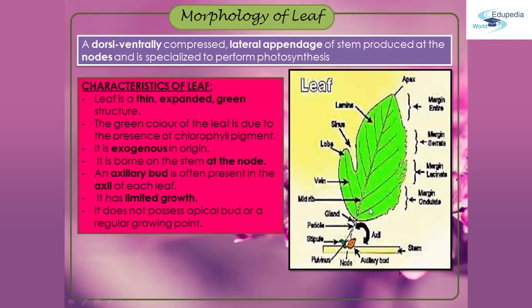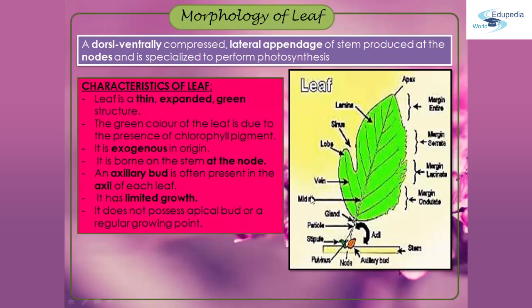The lamina or the leaf blade is the green expanded part of the leaf with veins and veinlets. As you can see, these are veins and their tertiary parts are known as veinlets. There is usually a middle prominent vein, which is known as midrib.